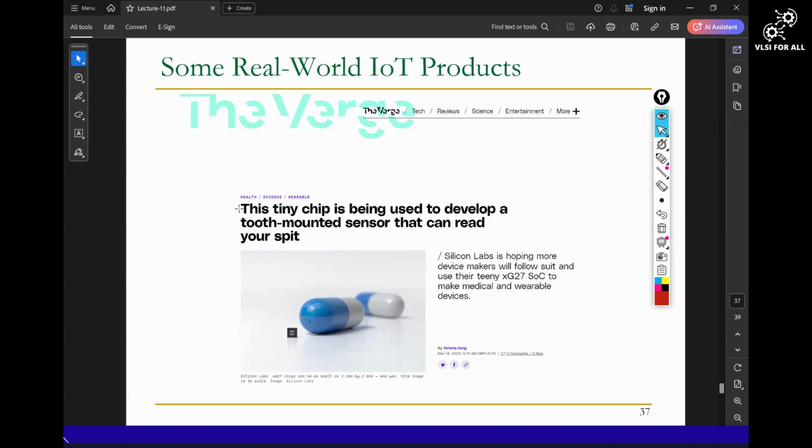This small processor, which is made of biologically friendly material, is actually monitoring your saliva. Based on the saliva, it is deciding whether your mouth is good or not. Just saying.